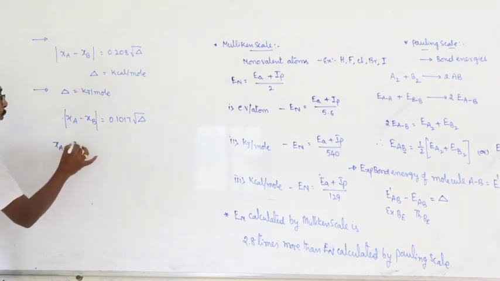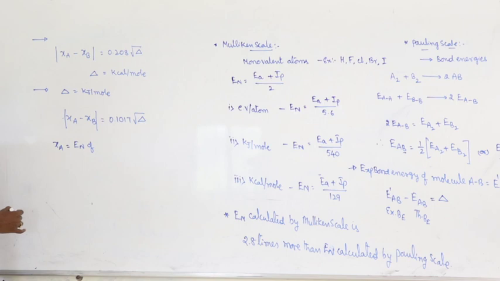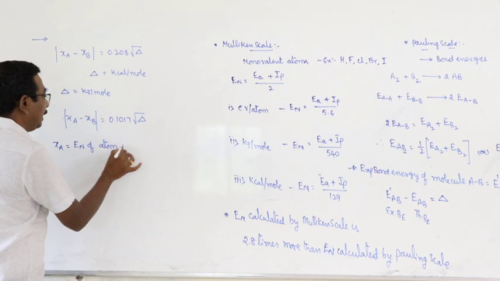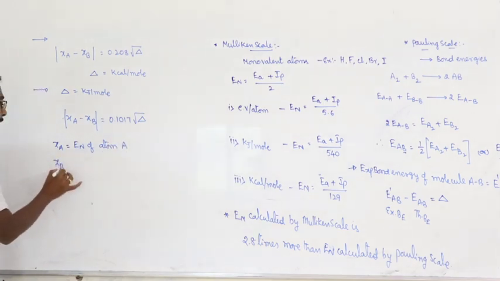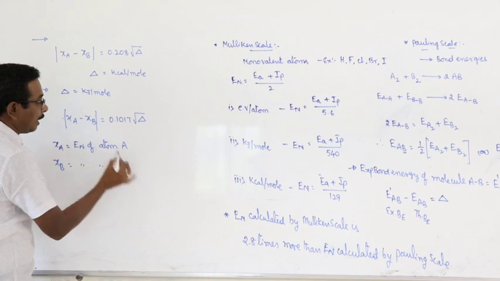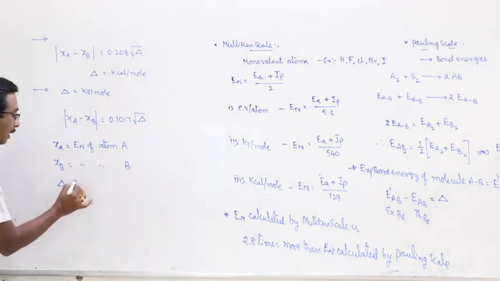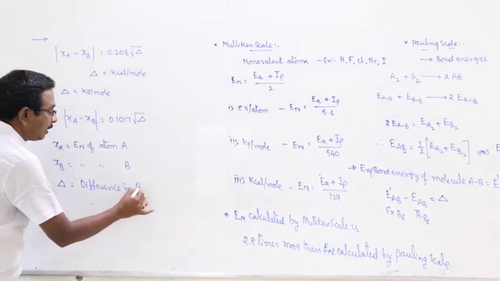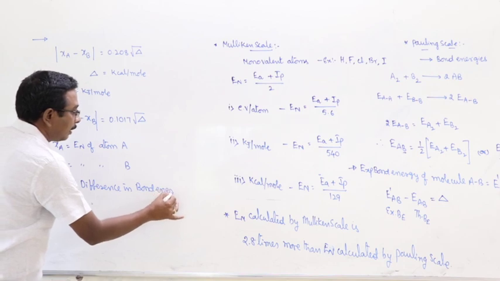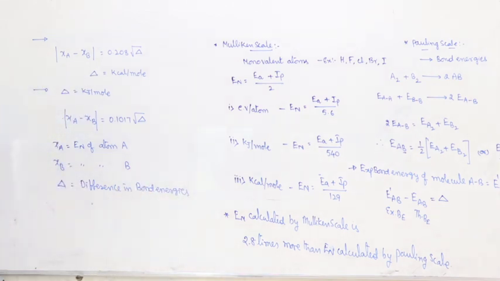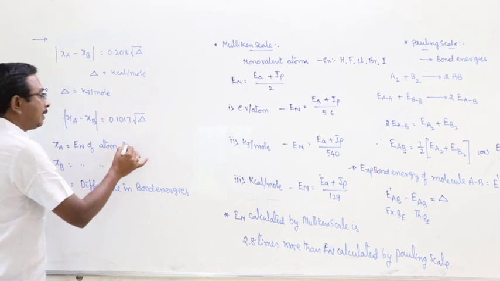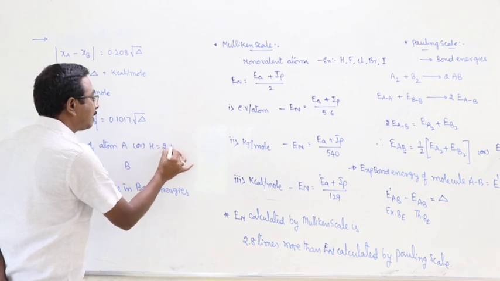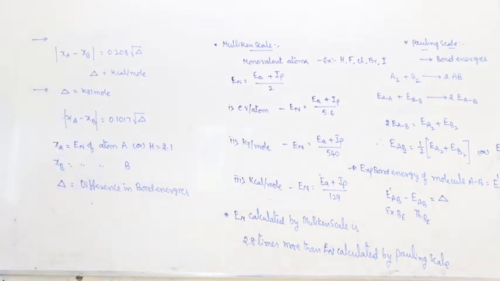XA is equal to electronegativity of atom A. XB is equal to electronegativity of atom B. Delta is equal to difference in the bond energies. In most of the cases, atom A is considered as hydrogen and its electronegativity is taken as 2.1.